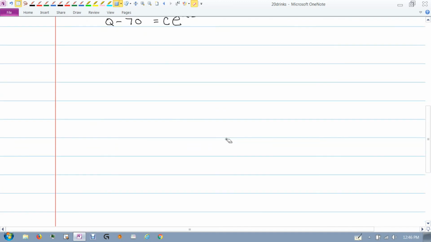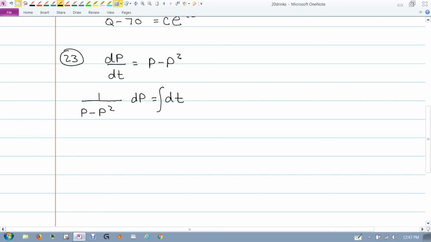Not so bad. dP dt equals P minus P squared. All right, so let's go ahead and divide by P minus P squared, and let's multiply both sides by dt.